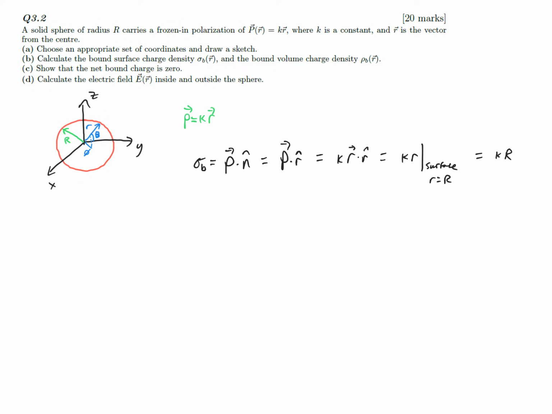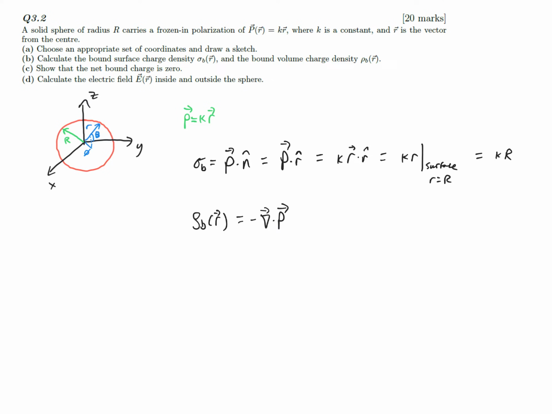Then we have the bound volume charge density, rho b, and this is minus the divergence of the polarization field here. And here we have to be a little bit careful. We're going to use the spherical symmetry of the problem, so we need to know the definition of the divergence in spherical coordinates.